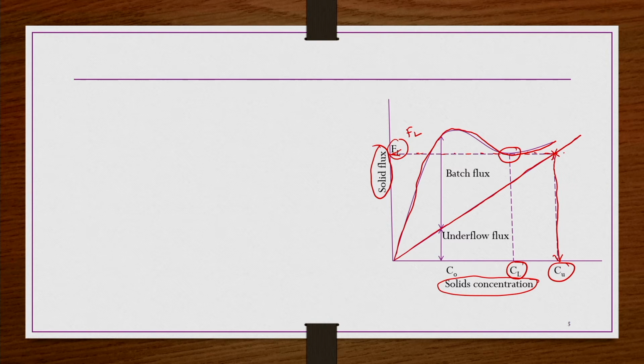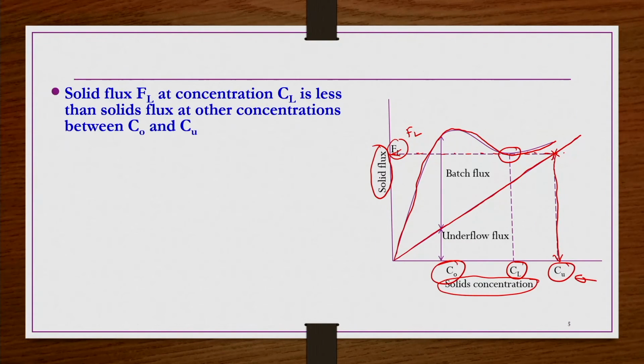That is nothing but Cu. So, this is the solid flux versus concentration information you get here. Solids flux Fl at concentration Cl is less than the solids flux at the other two concentrations, C0 and Cu.